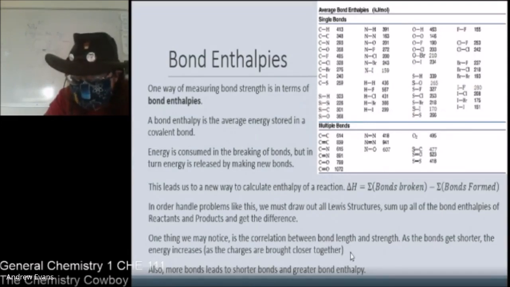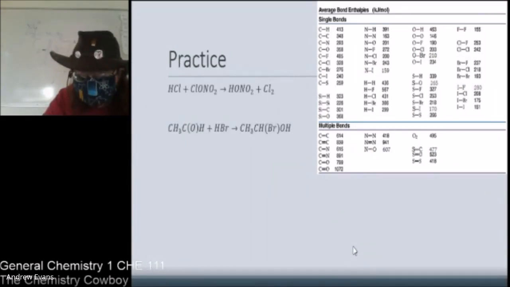There is also a correlation between bond length and bond strength. Double bonds are shorter, and triple bonds are shorter still, so they're stronger and harder to break. But the best way to do this is to just look at this.